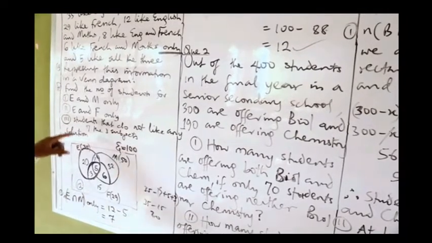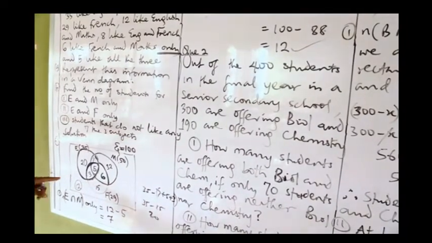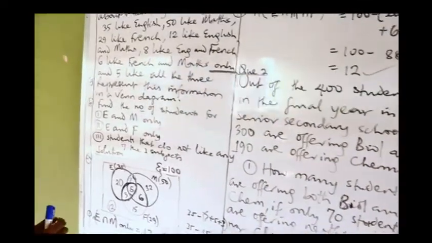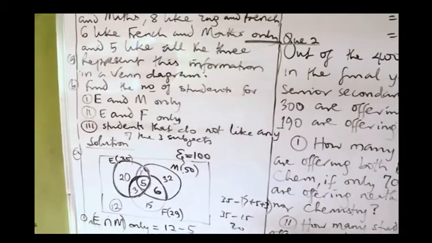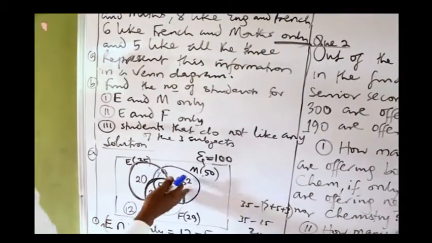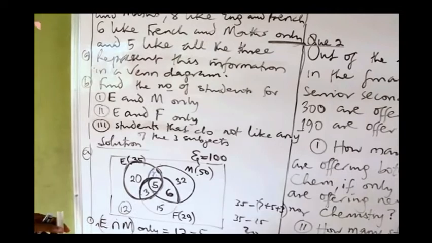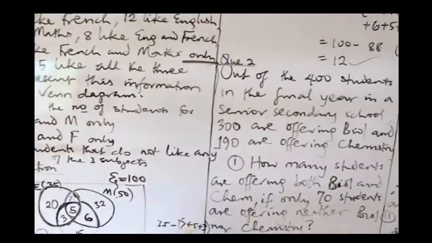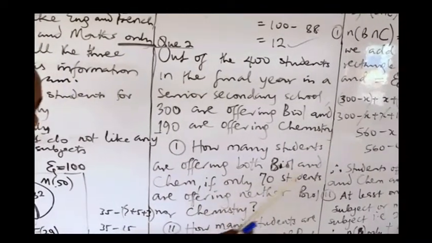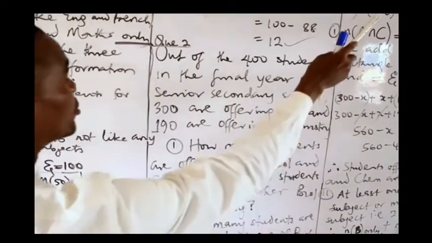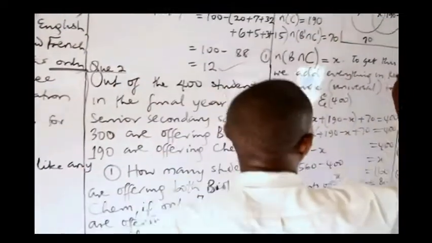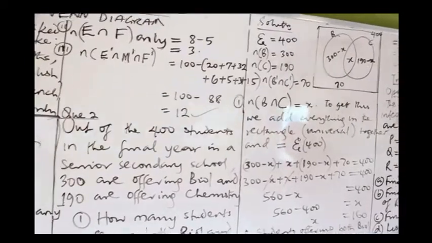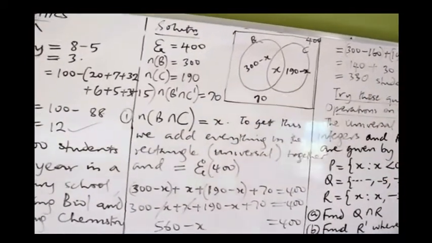Don't forget, anytime there's a clause where we have students that are not part of the subsets, we put it outside the subsets here. Like this one given, the 70 students are offering neither biology, they are not doing biology, they are not also doing chemistry. Are you following? They are not doing biology. So that 70, what we do is we put it outside.